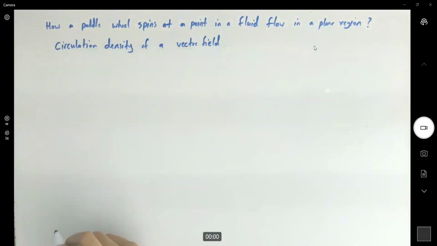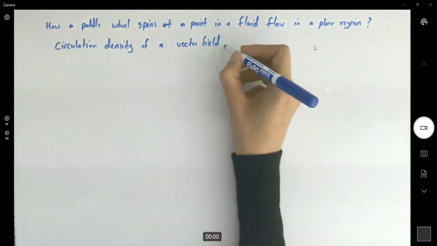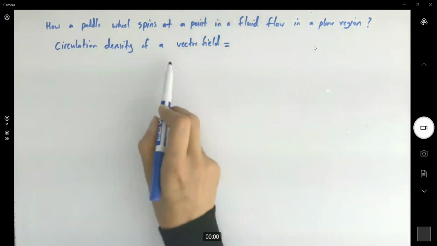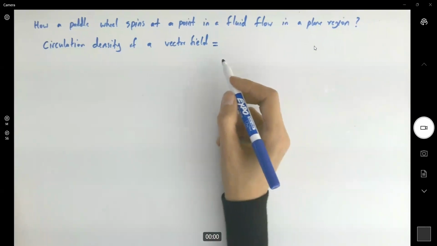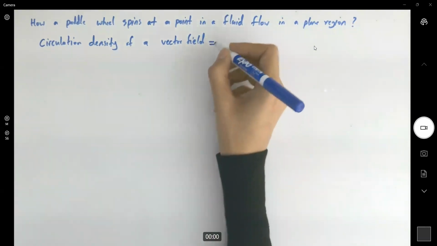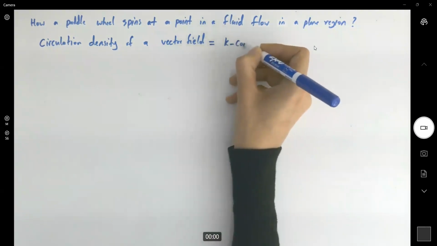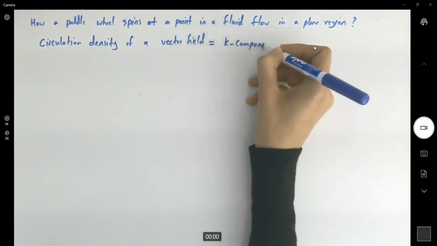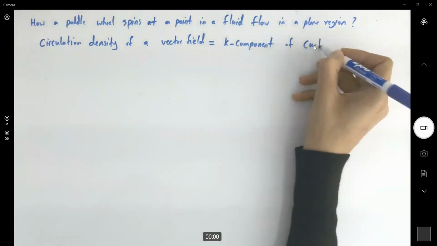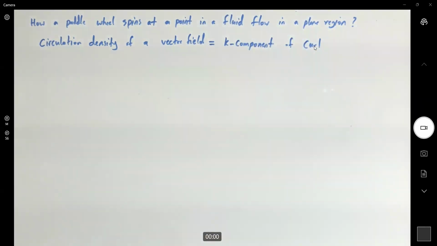The k component of curl helps us to calculate the circulation density of a vector field. So wherever you see circulation density of a vector field, it refers to the k component of curl. So let's see the idea behind it.